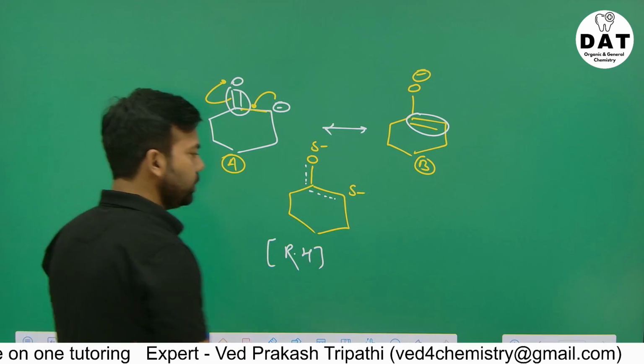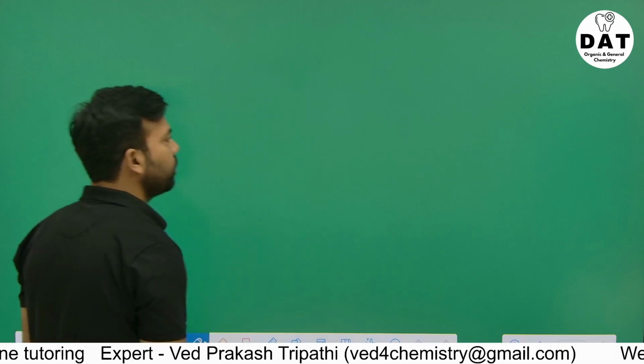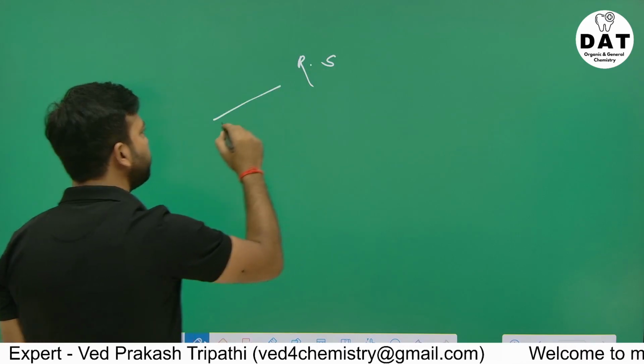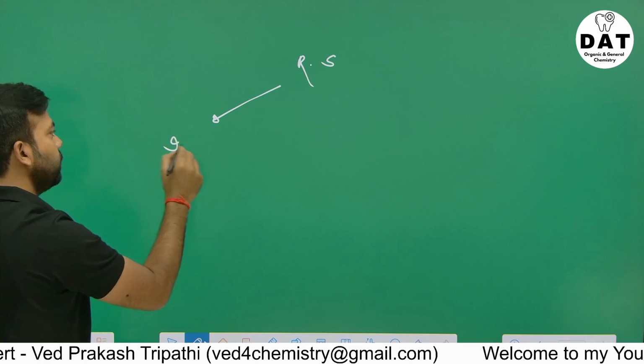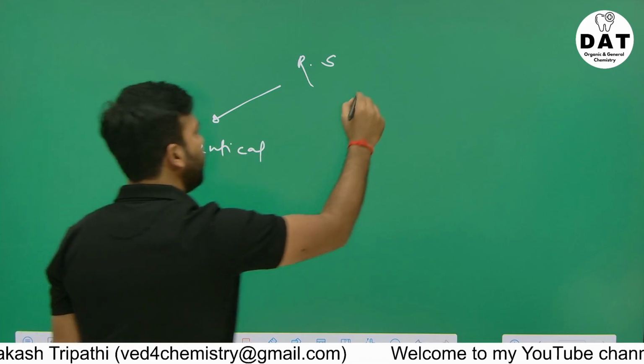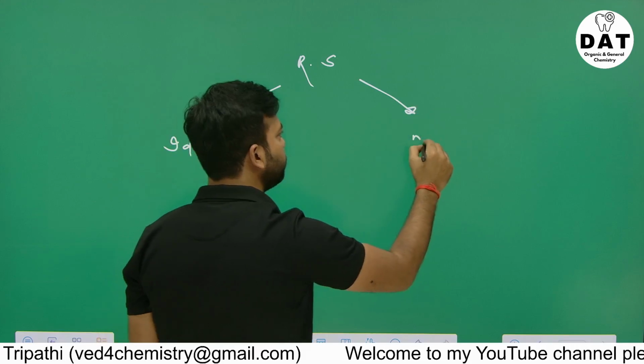Now the next is, look at here, resonance structure is of two types. Identical and non-identical.